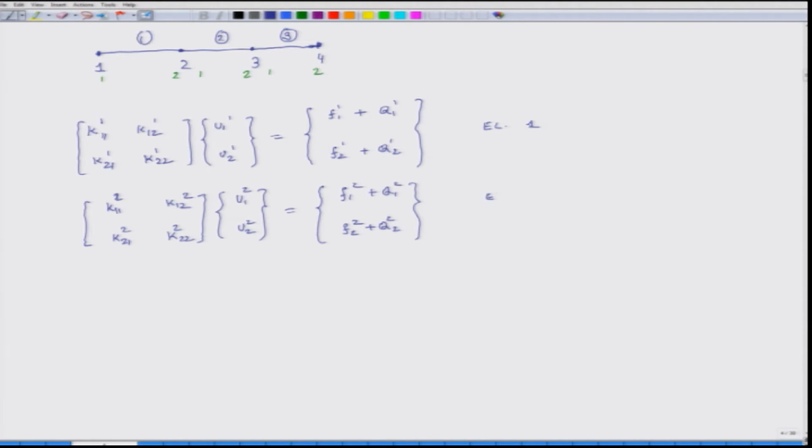So, these are the equations for the second element, and finally, I have the equations for the third element.